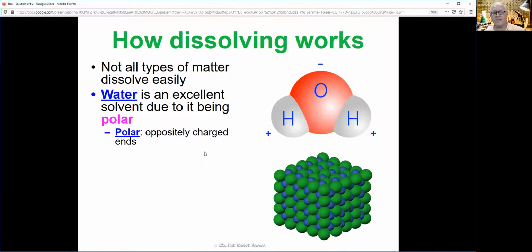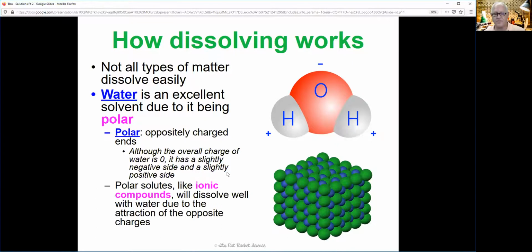But water is an excellent solvent due to it being polar, and polar means oppositely charged ends. And although the overall charge of water is 0, it has that slightly negative and slightly positive side to it.